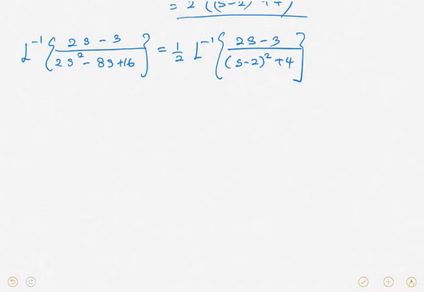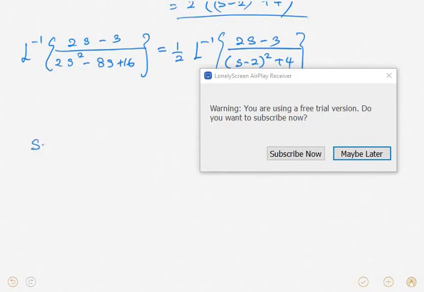Now, if we want to apply first shift theorem, as I mentioned to you earlier, this is the example for the first shift theorems. We need to know the first shift theorems. Let's say you have s minus 2 over s minus 2 square plus 4.